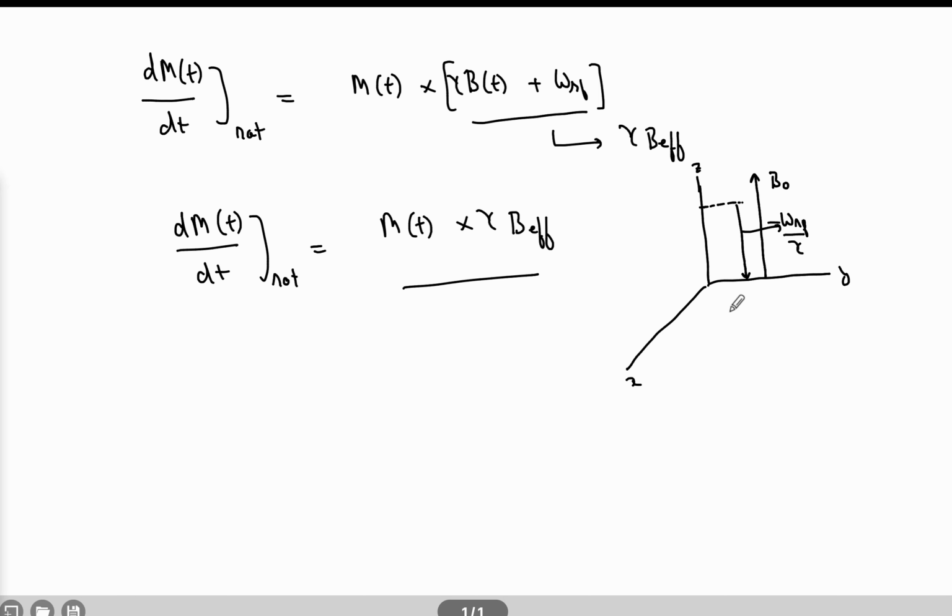So now whatever is left is, so this is under rotating frame.